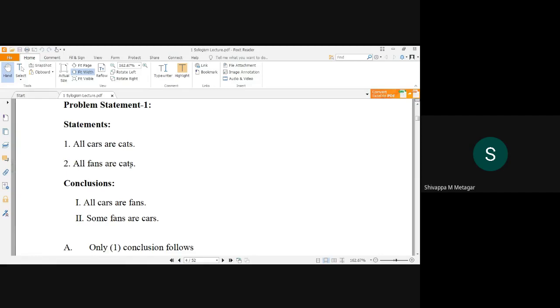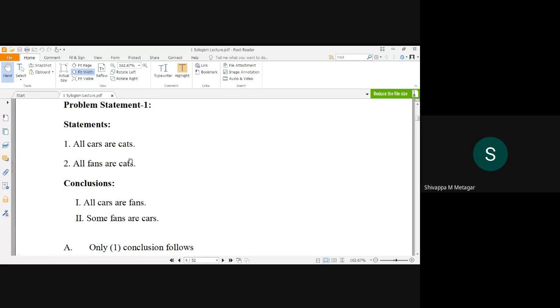We have just studied all A are B, some A are B, no A is B. Based on that, you have to draw the Venn diagram for the given statements and find the solution using the conclusions. This is very easy if you know these three statement types: all A are B, some A are B, and no A is B. Then you can easily answer the questions.